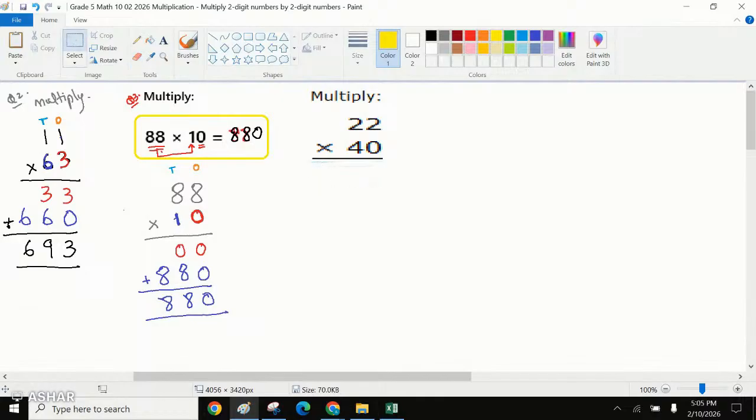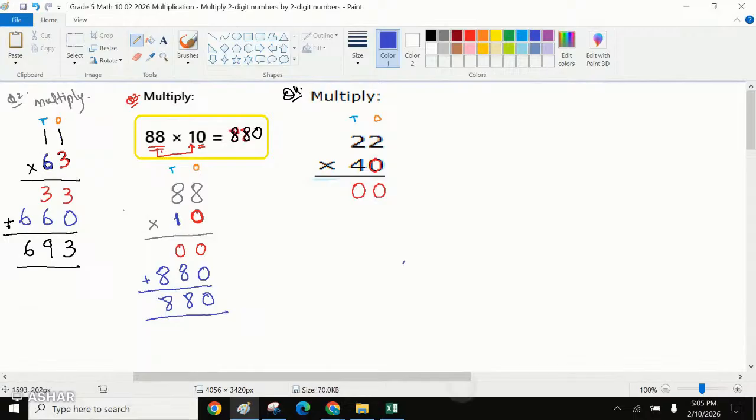Both are 2-digit numbers, right? We know that these were the ones and these were the tens. When the ones digit is multiplied by both the numbers at the top, 0 multiplied by 2 is 0.